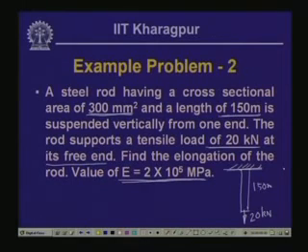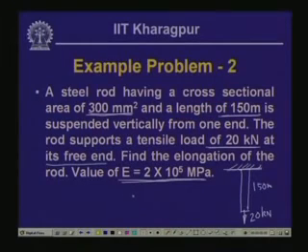So, we are interested to compute what is going to be the elongation of the bar. Because of the axial pull, the bar is going to be stretched, it is going to deform. So, we are interested to find out how much deformation this bar will undergo because of the axial pull which is acting. One end is fixed, other end is being pulled.